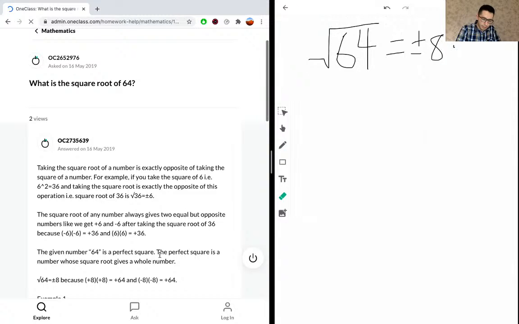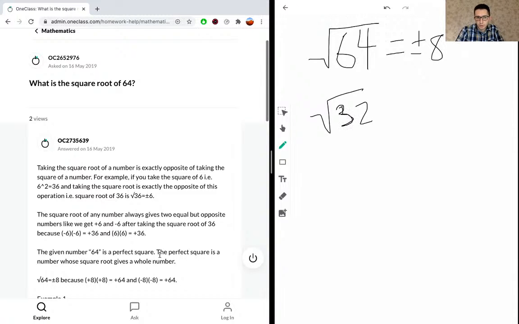Another way to think about this is what can we divide 64 by to get to the 8? We can start off by dividing by 2, so we get 32.